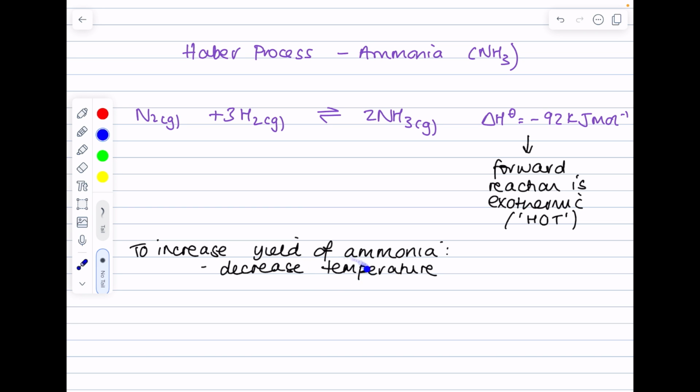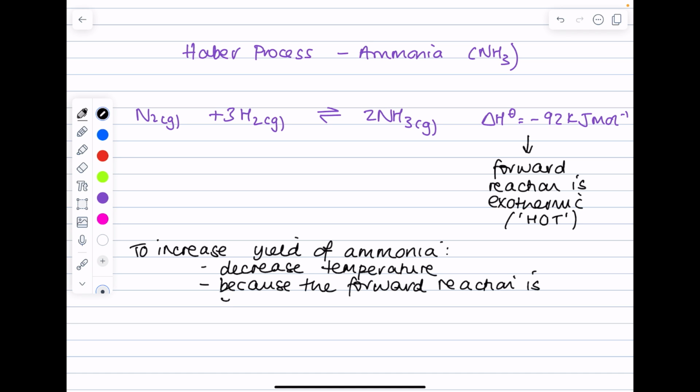So by decreasing the temperature, it will favour the direction which increases the temperature. So in this case, the exothermic forward reaction, because after all I said that releases heat energy, the reaction vessel gets hot. So our reason for that is because the forward reaction is exothermic.